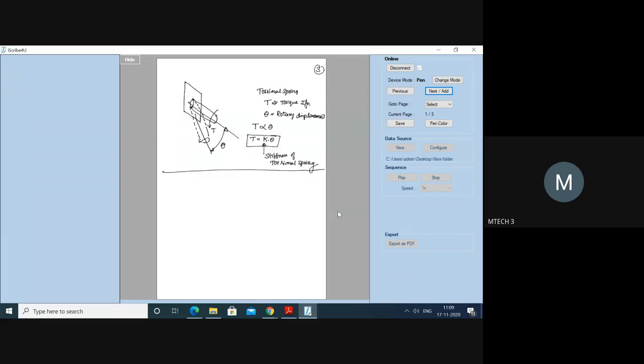Okay. The second one is going to be what? Now earlier I have used the piston. Piston gives you the rotary movement. Okay. Now we'll have what is called something like this.